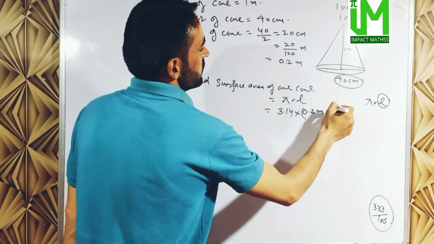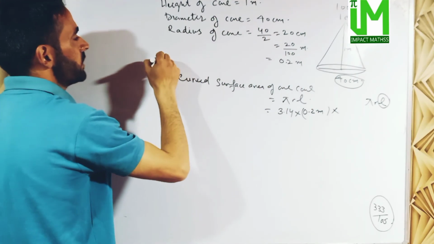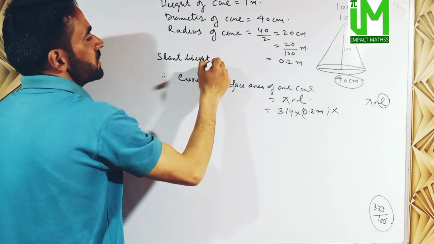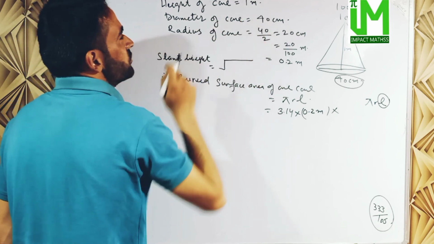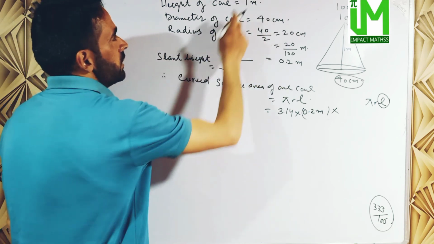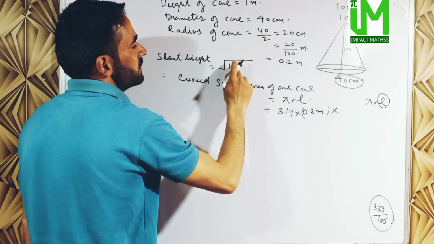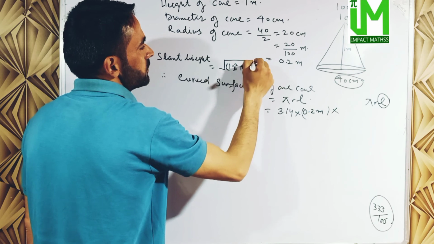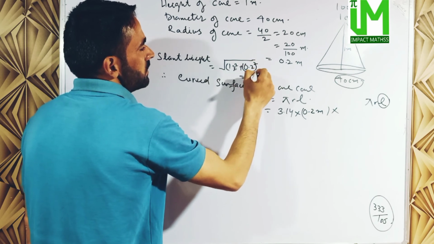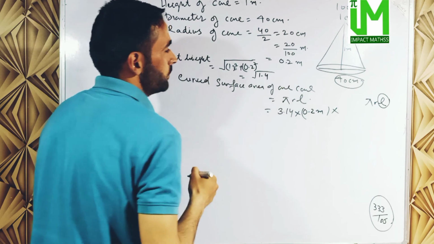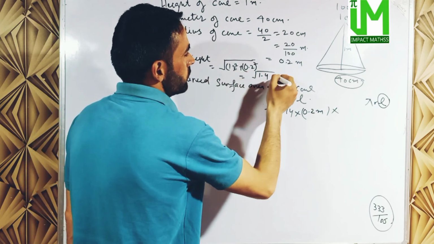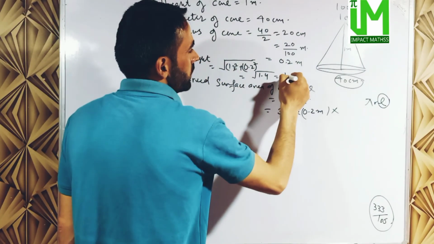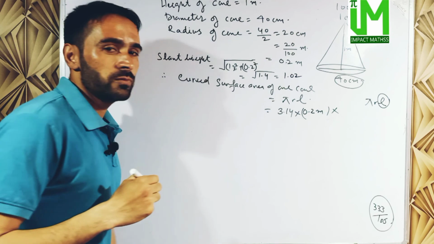meter, into the slant height. The slant height is equal to the square root of h square plus r square. h is 1 meter, so it will be the root of 1 square plus 0.2 square, which is root of 1.04, that is approximately 1.02.